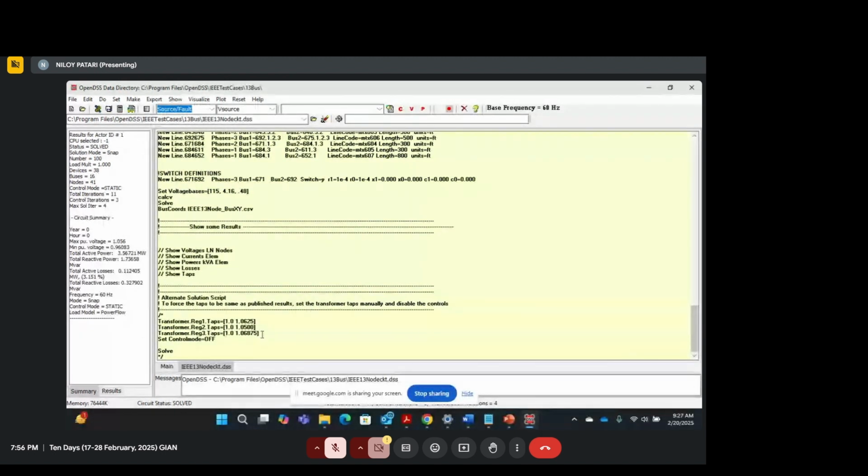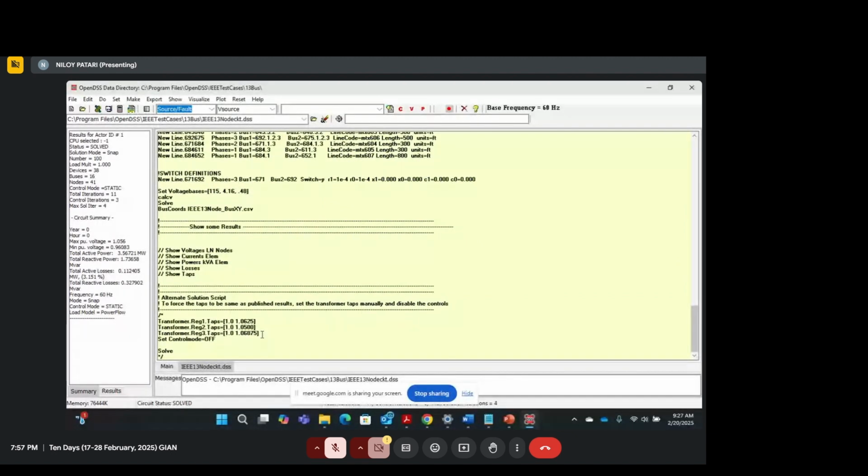Because once the taps are fixed, we are boosting the voltages by the same amount as it was done in the docx file, right? Then the OpenDSS results and the IEEE test results that you see in the document file should be exactly the same. If they're not the same, that means there is an anomaly, a problem in your own models, right?